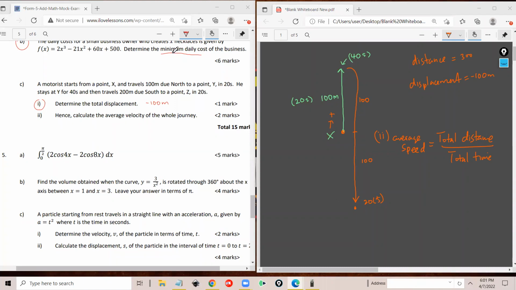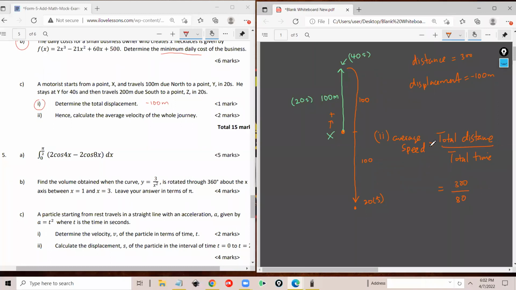Everybody agrees that the total time is 80, right? The total time is 80 seconds. So if they ask you for the average speed, the total distance would be 300 divided by the total time, which is 80.